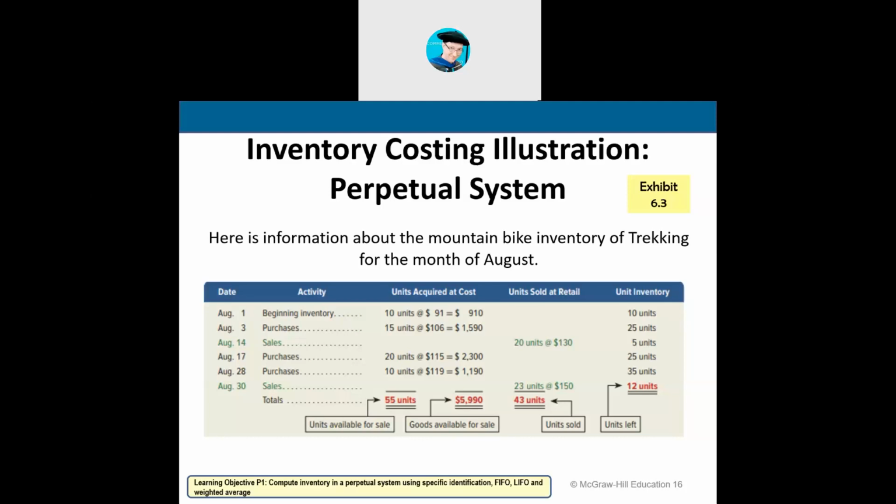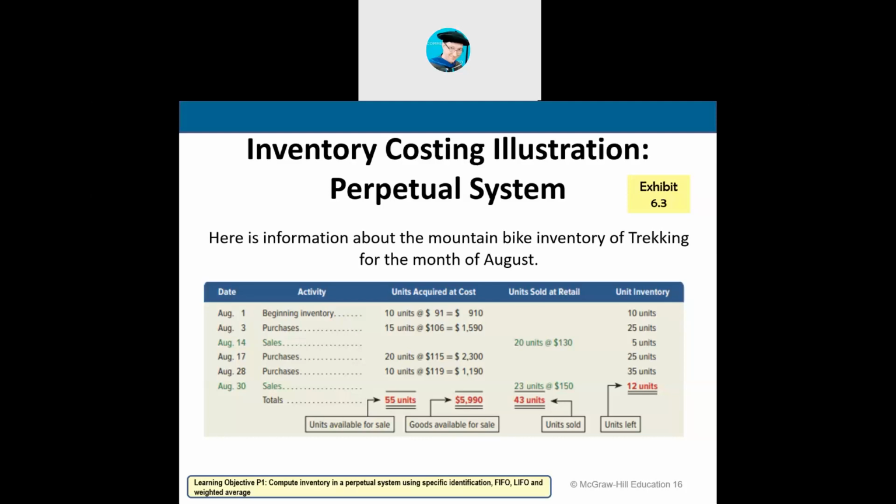Then on August 3rd, I purchased 15 more at $106 a mountain bike. Inflation, right? Cost of everything going up. It cost me $1,590. Now I have 25 units of inventory on August 3rd.